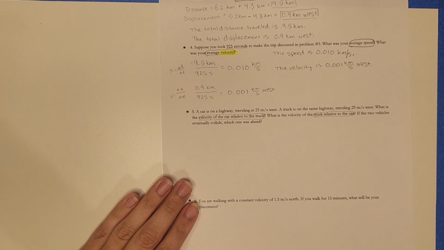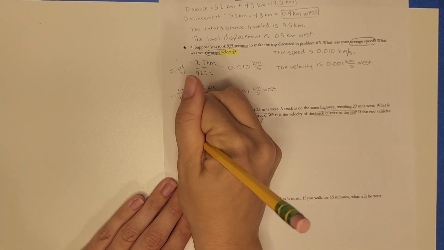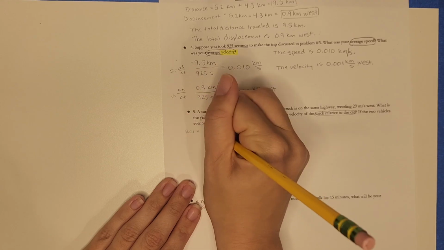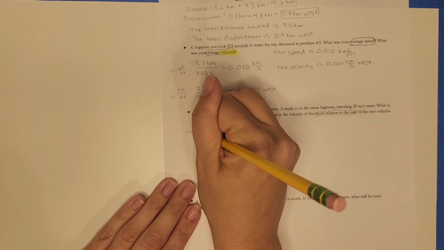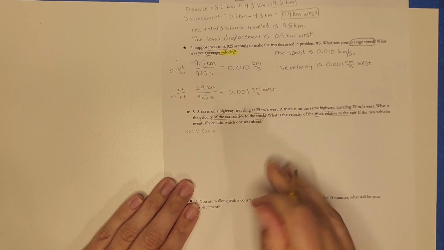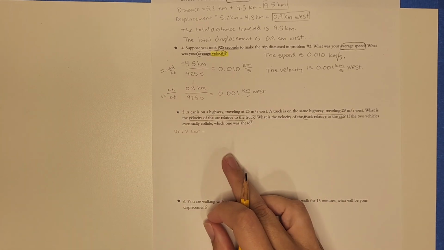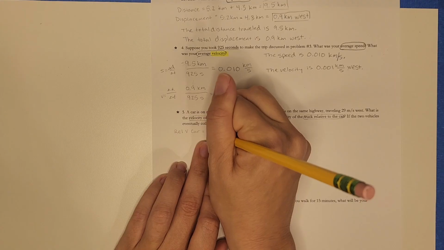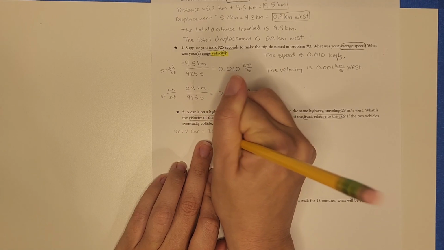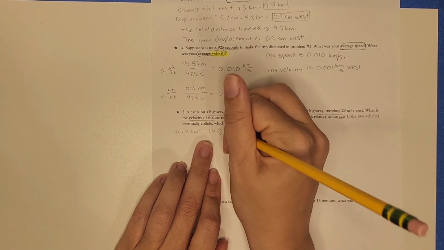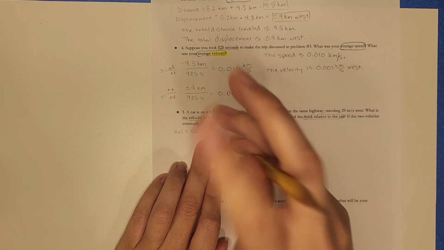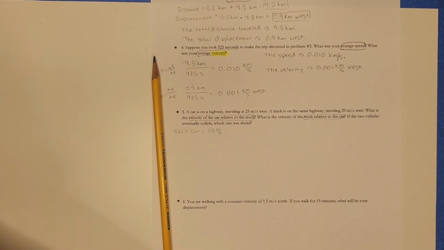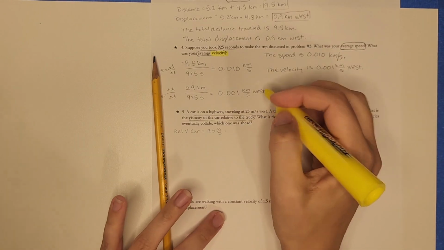So I'm going to label these: relative v of car equals, my velocity of my car is 25 meters per second. I'm not going to write west here. Okay, I'm going to highlight here west.